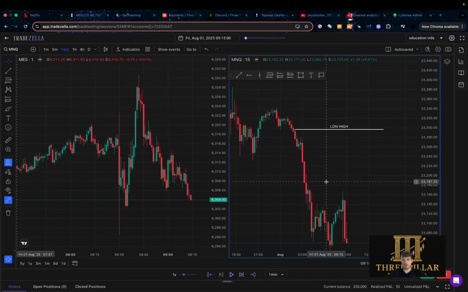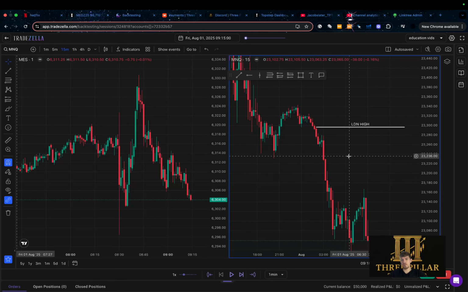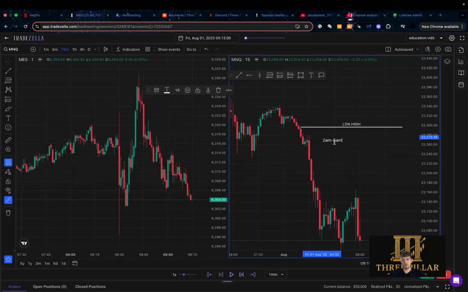We've got London high. So London session actually runs between 2 AM to 5 AM, this is New York time. So we look at where's the highest point between the range of 2 AM to 5 AM, because it might not always be at 2, it might be 3 o'clock, 4 o'clock.